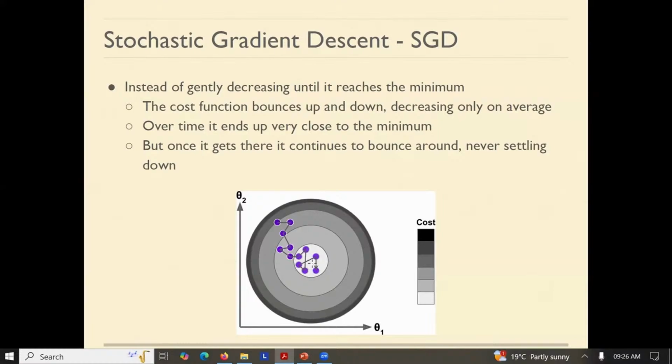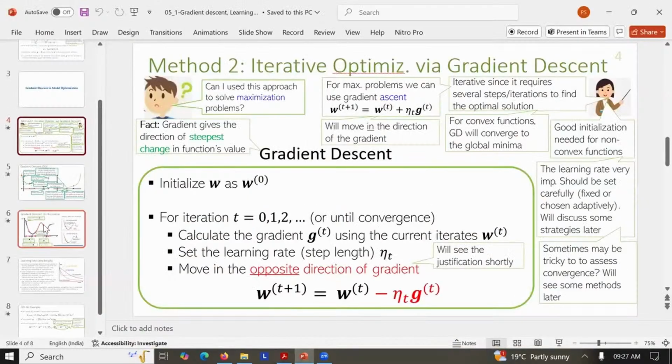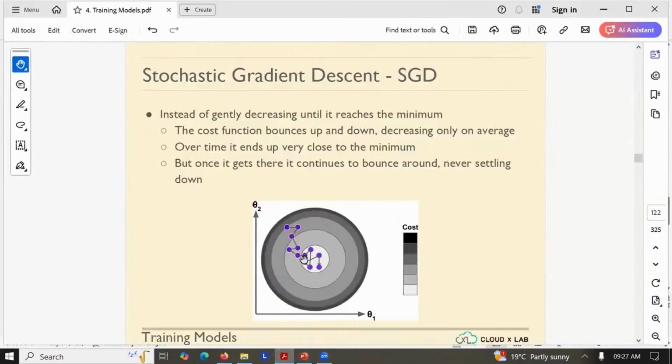So how can we fix this problem? We are getting it because we are using a noisy gradient, calculating the gradient using a single example. We will start oscillating around this position. So what is the solution? We will simply decrease the learning rate.